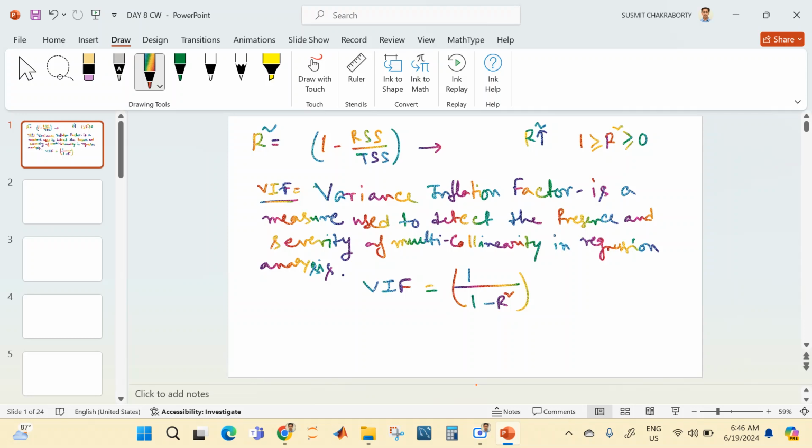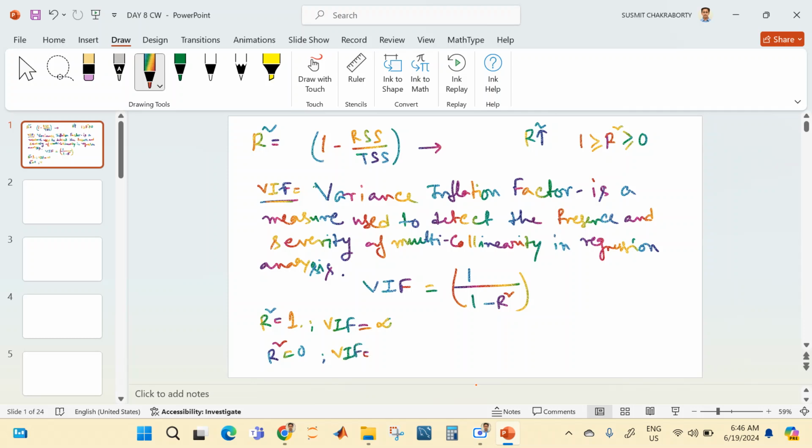So if we put 1 here, then you can see 1 minus 1, that is 1 by 0. 1 by 0 will be infinity. So remember, if R square equals 1, then VIF equals infinity. And if R square equals 0, then VIF equals 1.